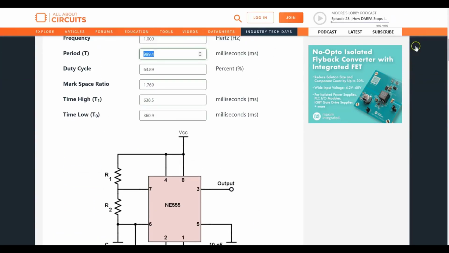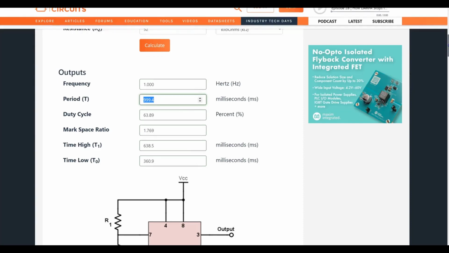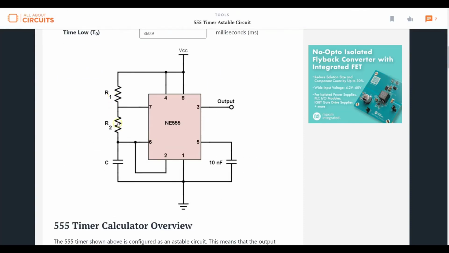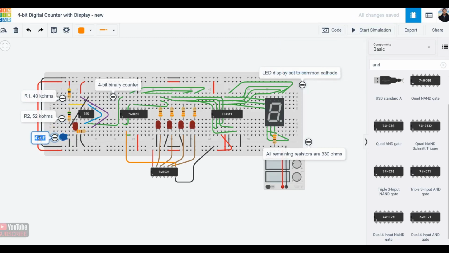And also know that getting absolutely 1000 millisecond might not be too realistic, because resistors come in specific sizes. Luckily we are doing this in a simulation environment, so we can pick these values, but if you don't have these exact values for the resistors, your timing delay might be a little off. Okay, and then this is going to be 10 microfarad, not 47. So I'm gonna make that change here.